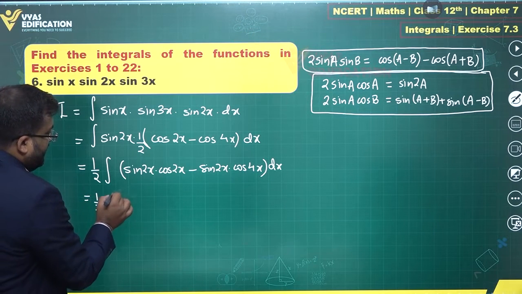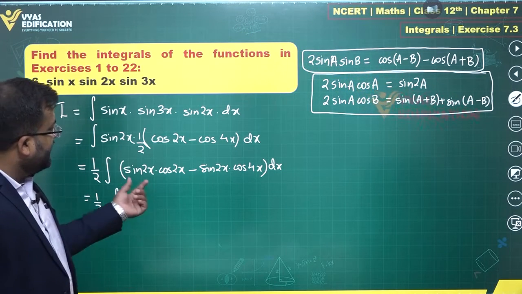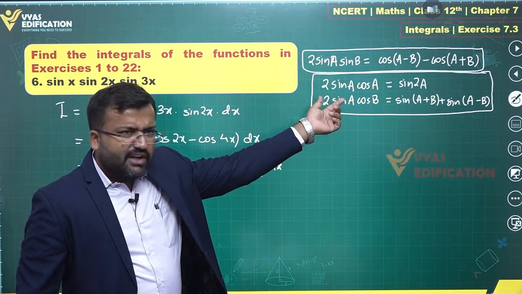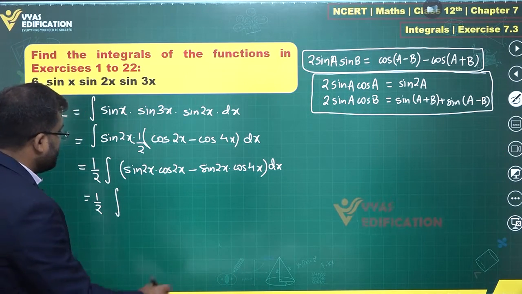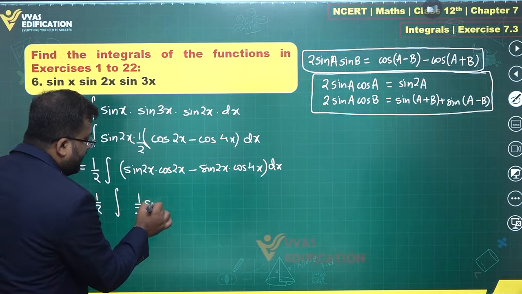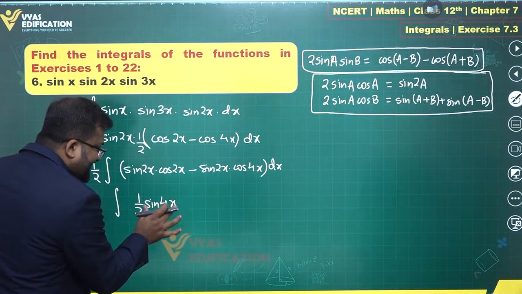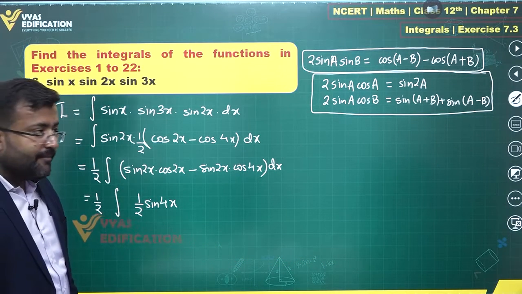Half is okay. Integral of sine A cos A, that is 2 sine A cos A, will be equal to sine 2A. This becomes half of sine 4x, and this can be integrated easily, right?